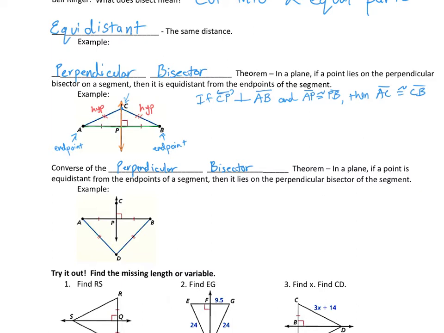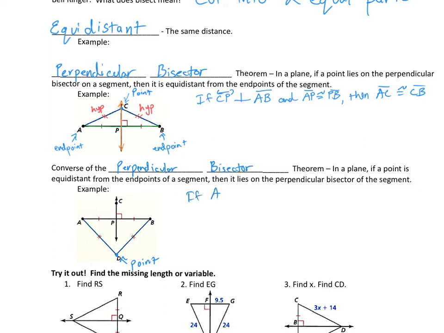So we can prove that this is a perpendicular bisector. The special point we're talking about here is our point, and they basically say, if the two segments connected to those endpoints are congruent, then you are on a perpendicular bisector.